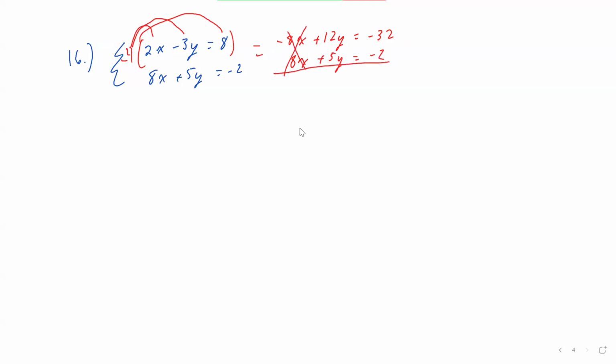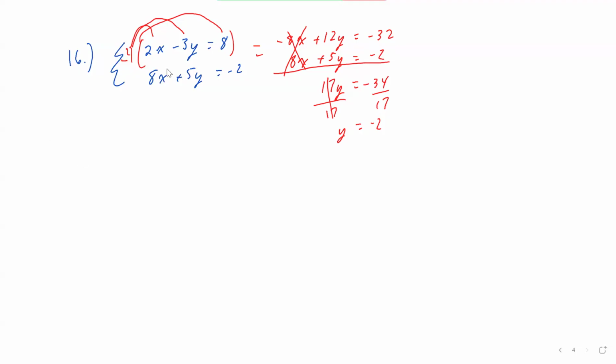These will cancel, which is what I wanted. 12y plus 5y gives me 17y. And negative 32 plus negative 2 gives me negative 34. I'll divide by 17. And I get negative 2. Once I've determined this one, I can choose either of the original equations or the new equation, and I just plug it in.